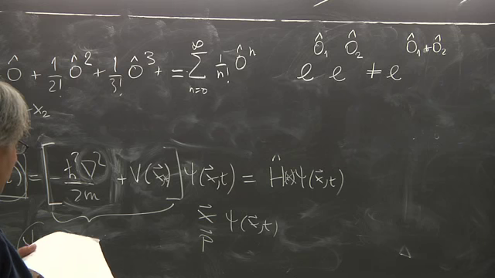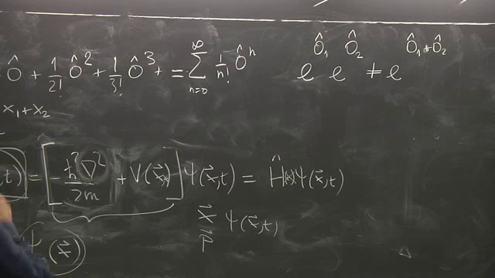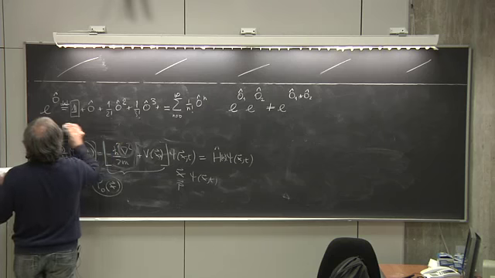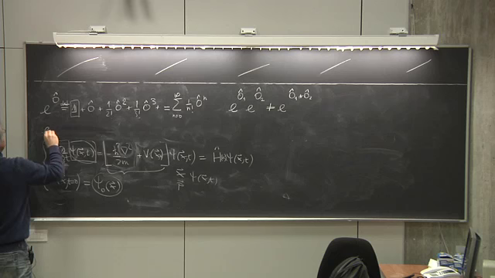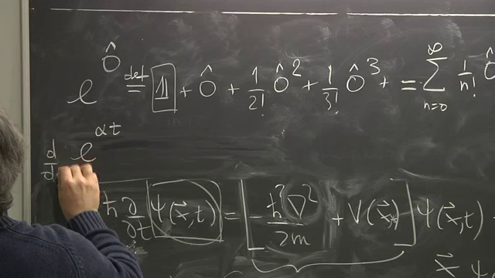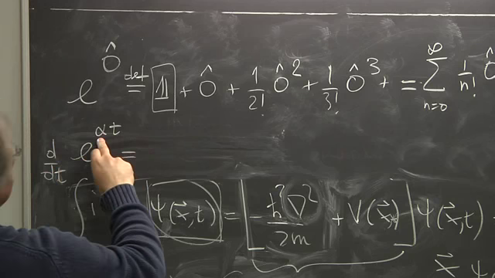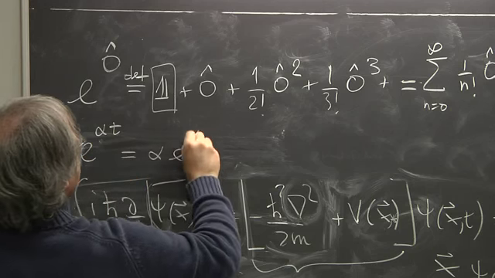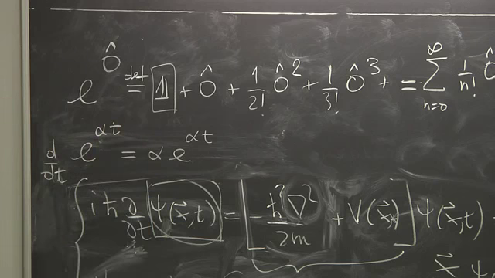However, you probably know that if I have e to the alpha t, okay, and I want a derivative with respect to t, then I have just alpha in front. This is true for ordinary exponentials, for functions.